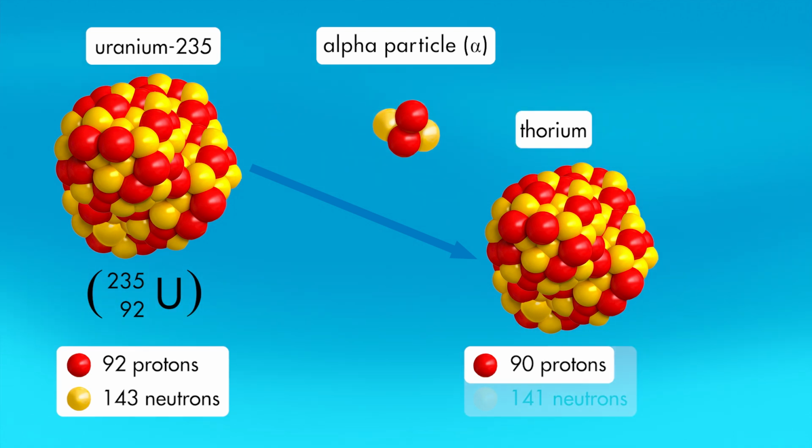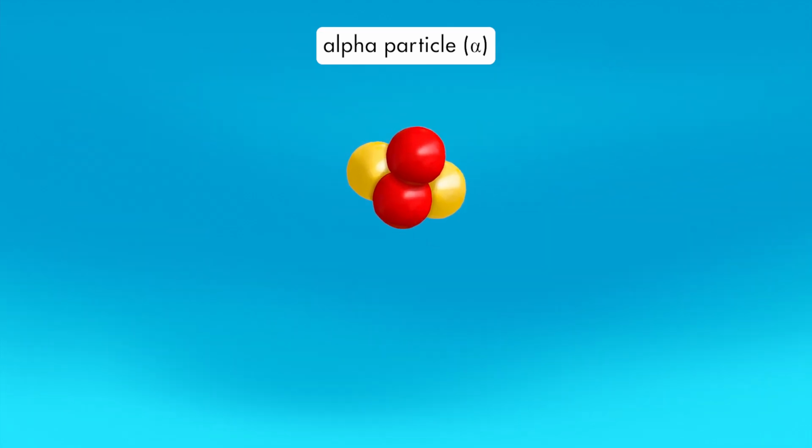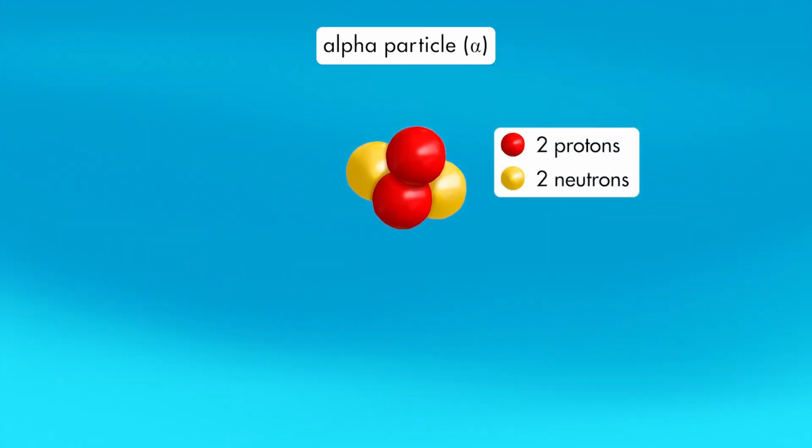The new isotope has 141 neutrons, so its mass number, which is the total number of protons and neutrons in its nucleus, is 231. It has become the isotope thorium-231.